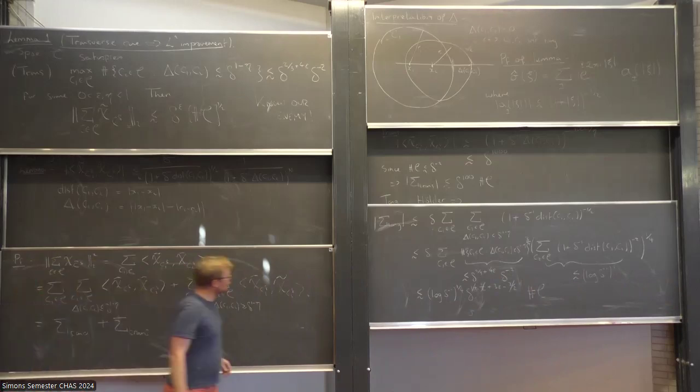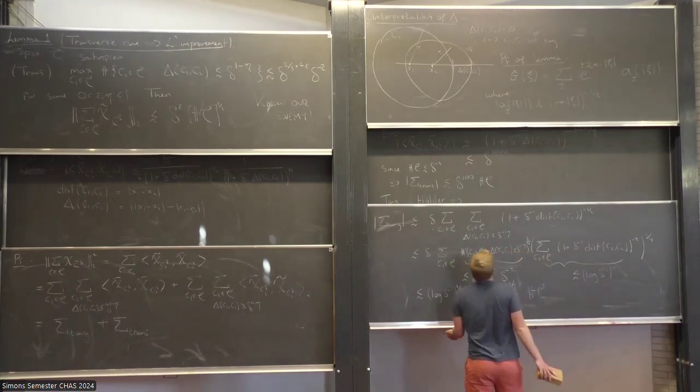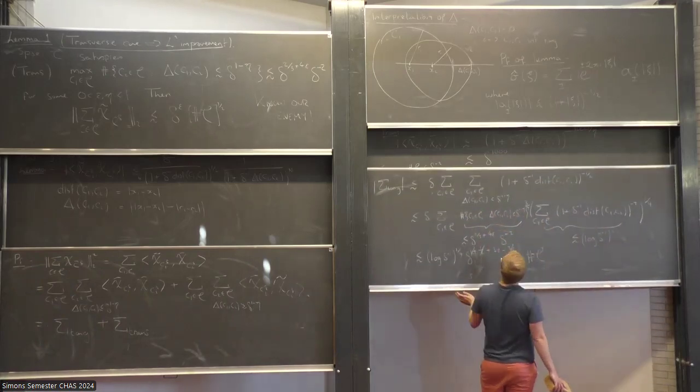Okay, so now we kind of know our enemy, which is when we've got many of these tangent circles. So let's discuss our enemy a little bit. This is going to dominate.